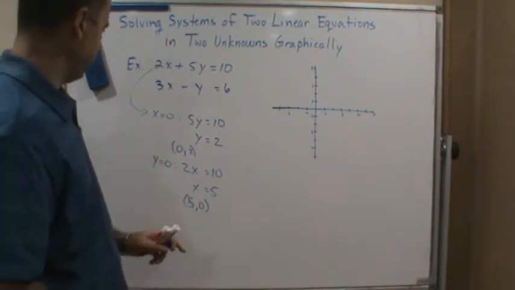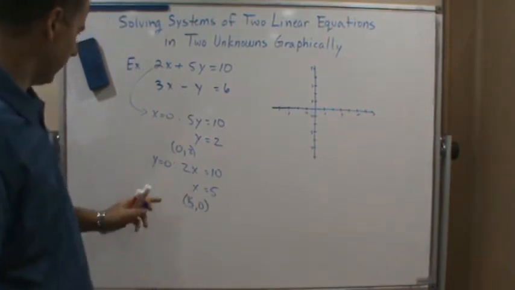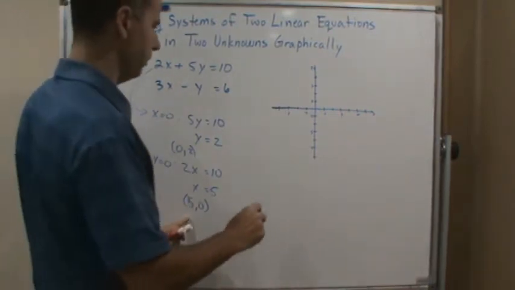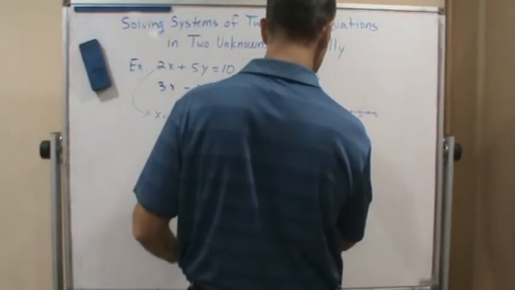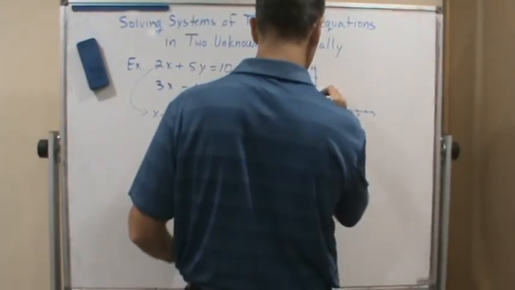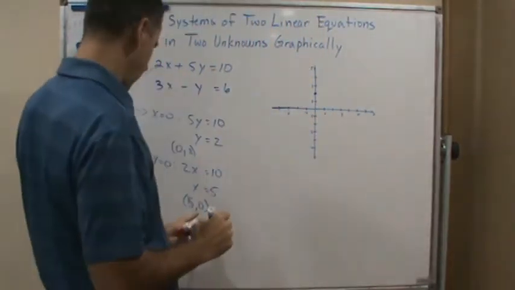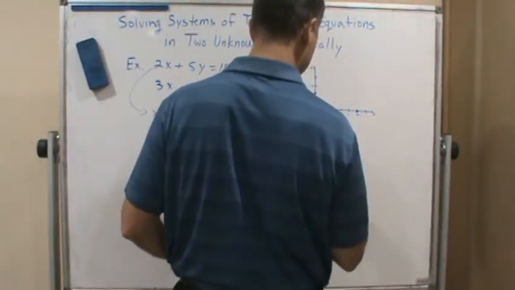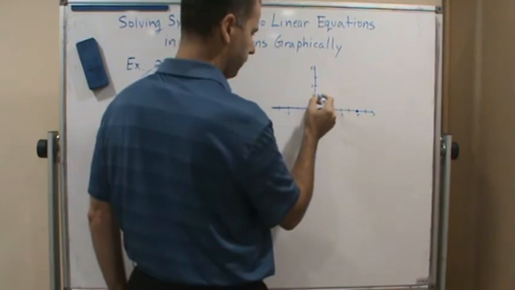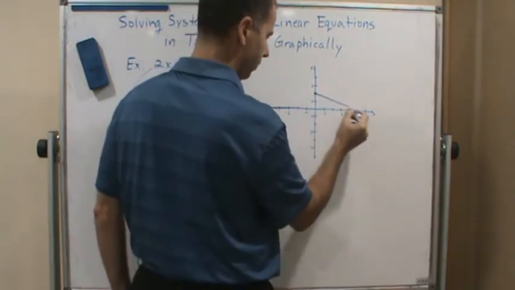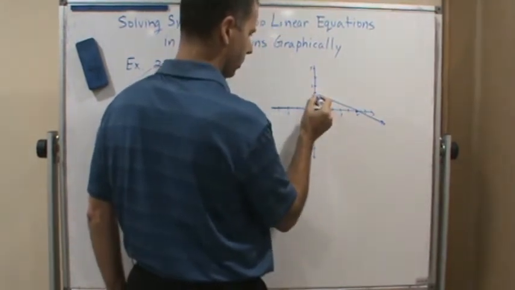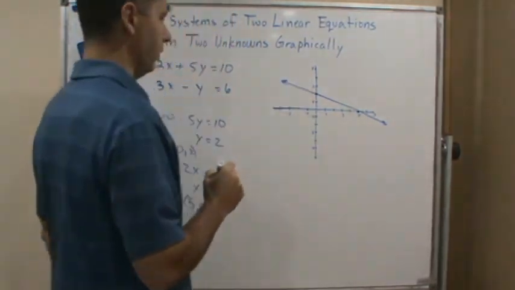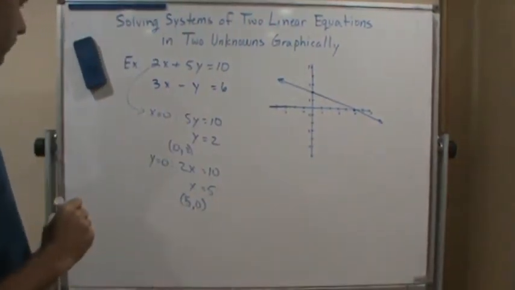And so if we plot these two points, we get (0, 2) and (5, 0). Okay, and if we connect these two, we get that line.